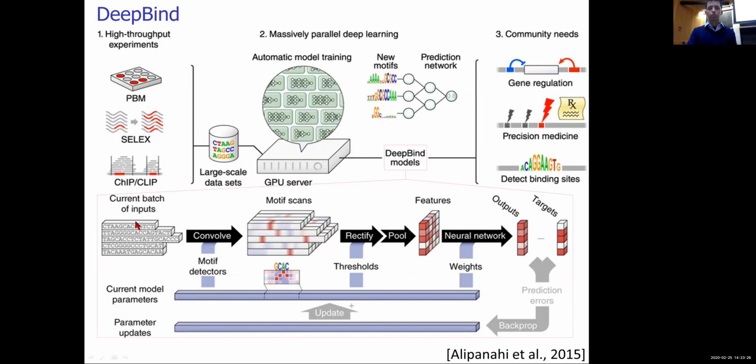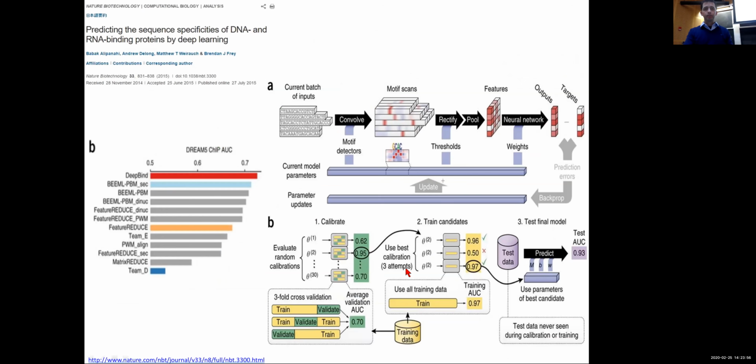You take the current batch of inputs, convolve it, scan for each of those motifs, have ReLU layers and pool layers, and then feed all that into a fully connected network that allows you to predict whether something is bound or not, or a particular transcription factor is binding. Then you use those prediction errors to update the weights and maybe even update the motifs. Is everybody with me on this architecture? So that's DeepBind.